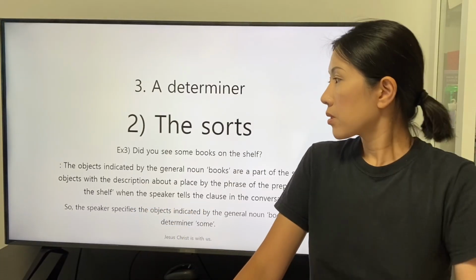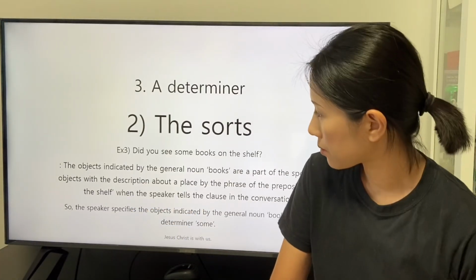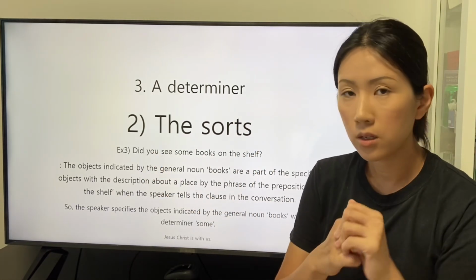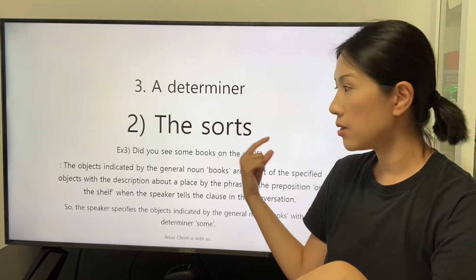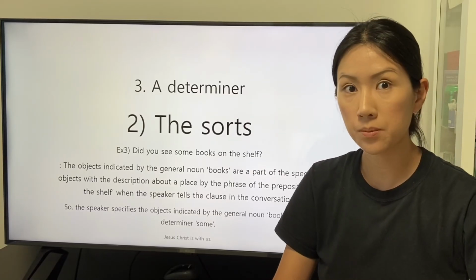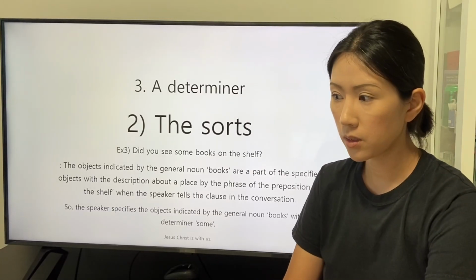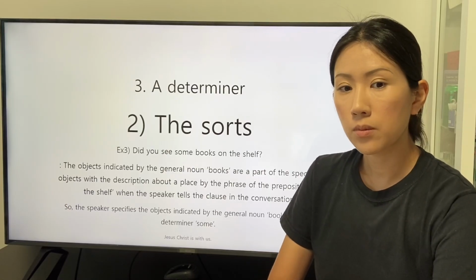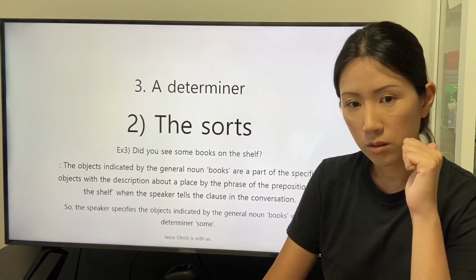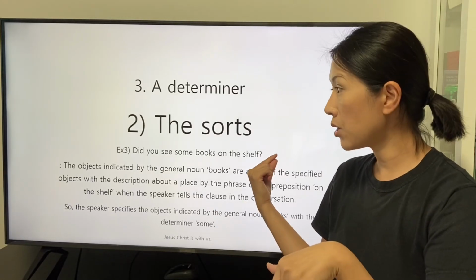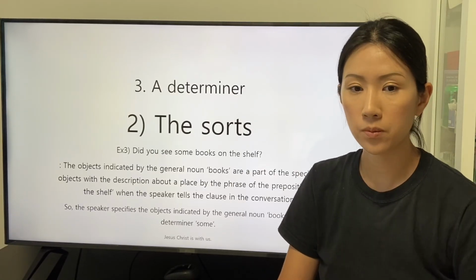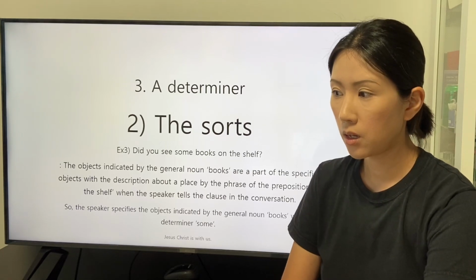Precedingly, before the speaker states this interrogative clause, we can understand that a part of the books that the speaker set as the entire object is indicated in this clause. The speaker states the interrogative clause about the specified object indicated by the general noun books.